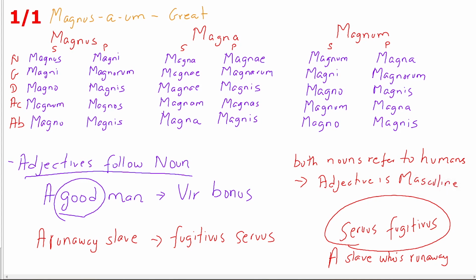By rule, in a sentence, if you have two nouns which refer to humans, then the adjective is masculine. Let's take an example.